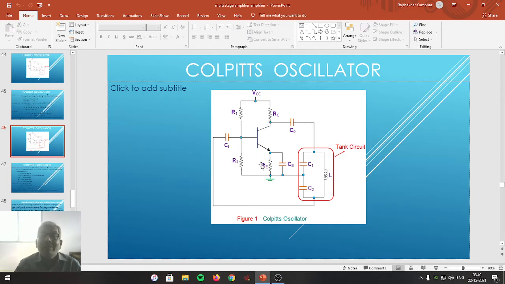Here, the emitter resistance connected between emitter and ground is going to act as the emitter self-bias resistor. It provides self-biasing to the BJT. In this case, the emitter bypass capacitor CE does the role of bypassing the AC component to the ground.